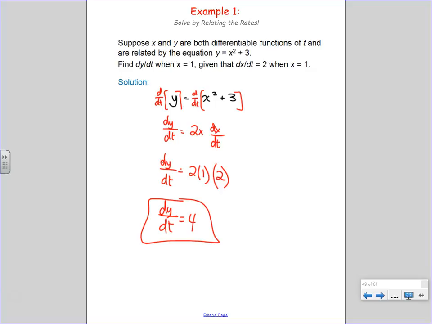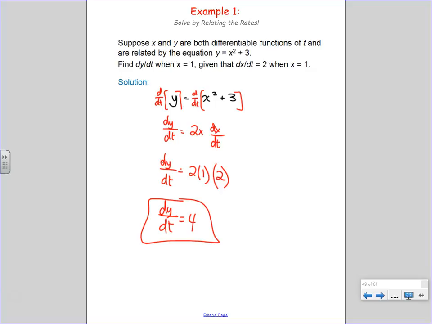Same thing here, since t and x do not match, since I'm taking a derivative with respect to another variable, x is changing based on time, and it has a rate of change as well. Time is my independent variable, no longer x. Does that make sense? He wasn't too bad, yeah?